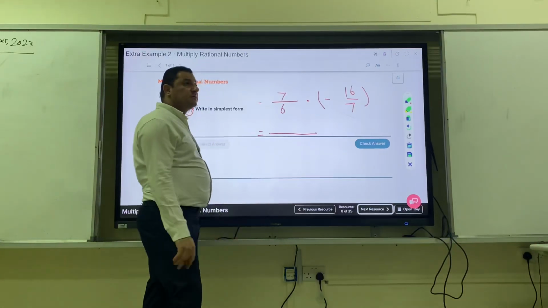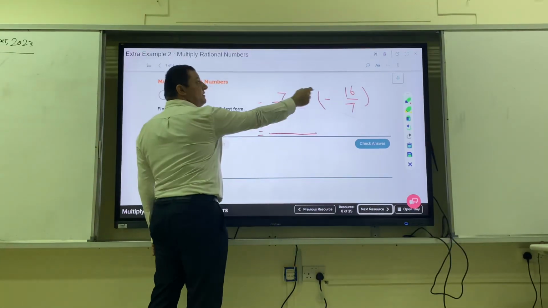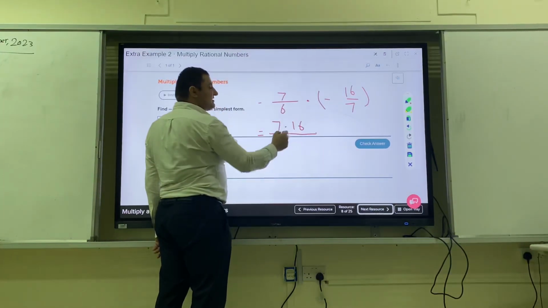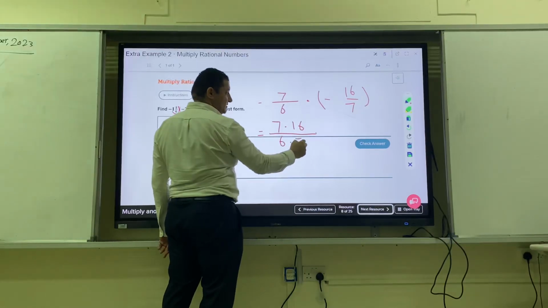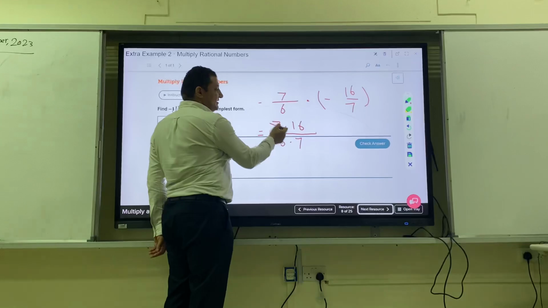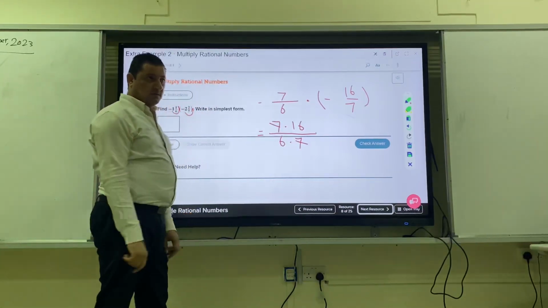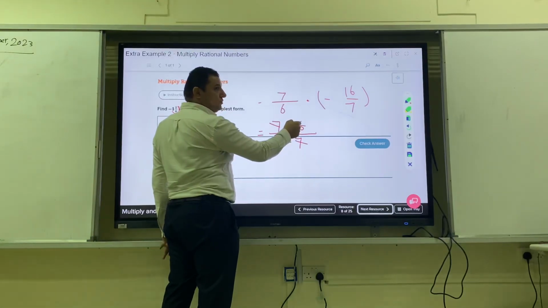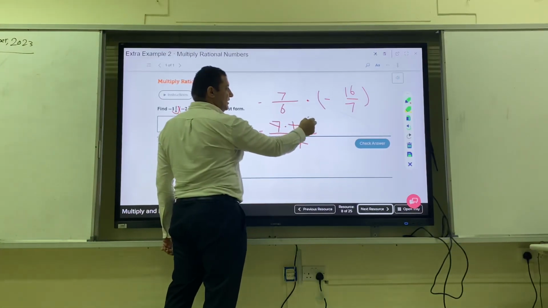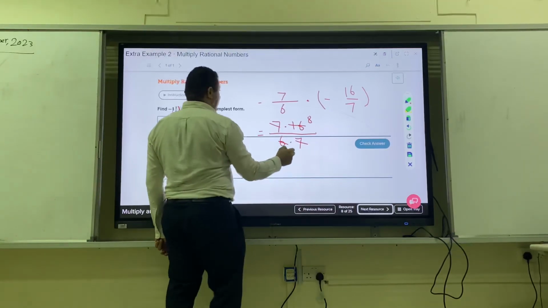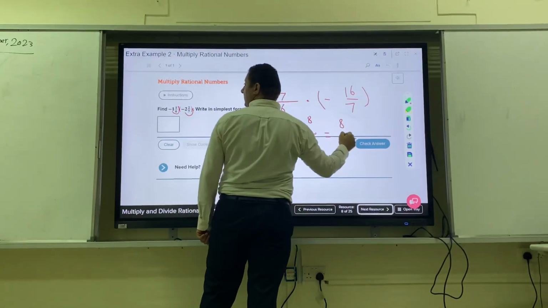I can see that 7 and 7 can cancel one another, so it's 1. Here, divide 16 by 2 to get 8, and here divide 6 by 2 to get 3. So the answer is 8 over 3.